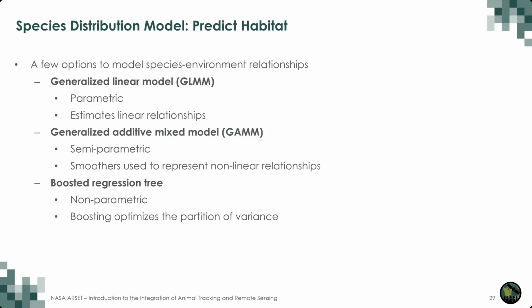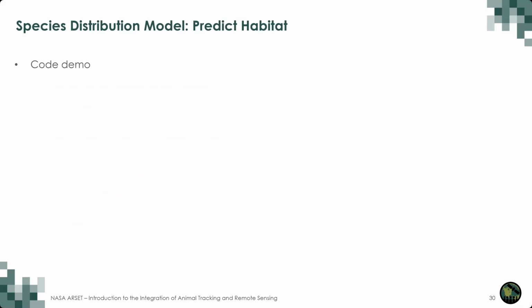And they are essentially decision trees that are iterative. And so they run over and over again to improve the accuracy of the model. And so we're actually going to use boosted regression trees in the demo here. I've run all of these on the frigate bird data set, and the boosted regression tree seems to work the best. And so now I'm going to show you the species distribution model and go back to RStudio.